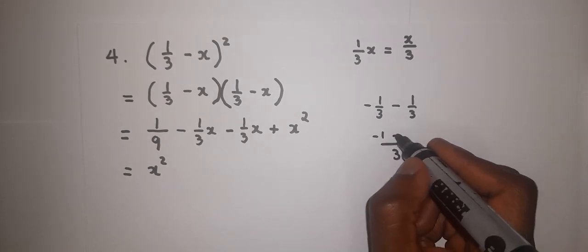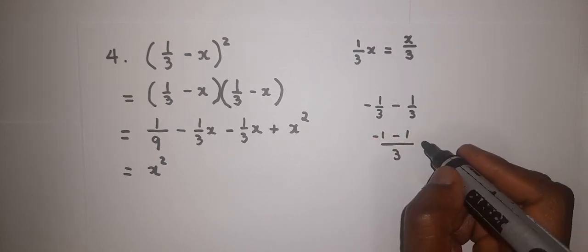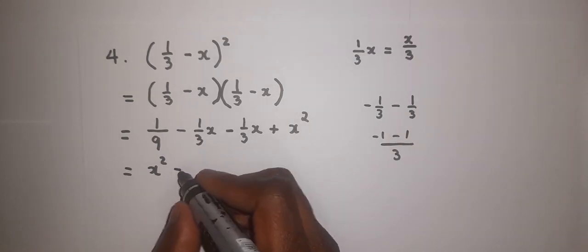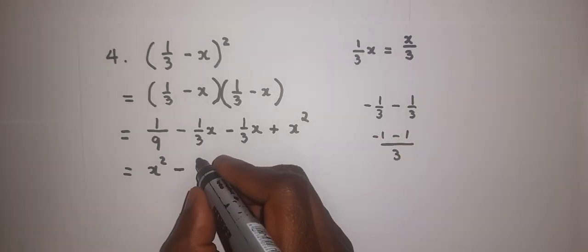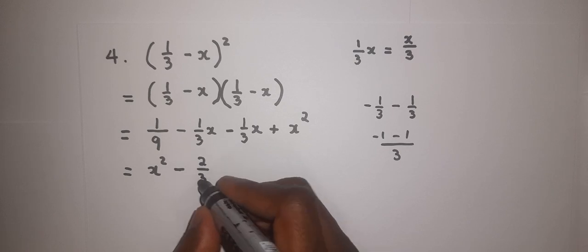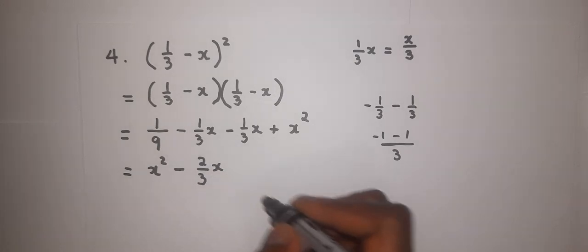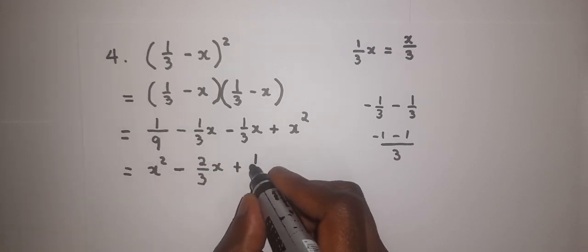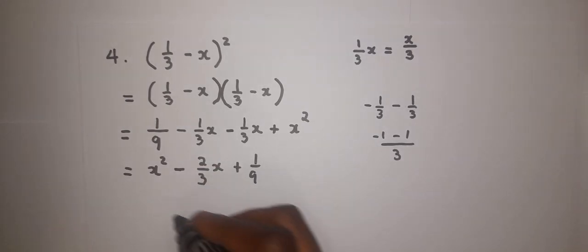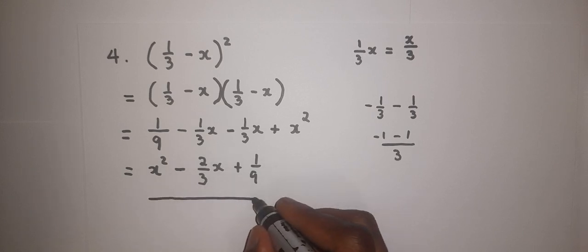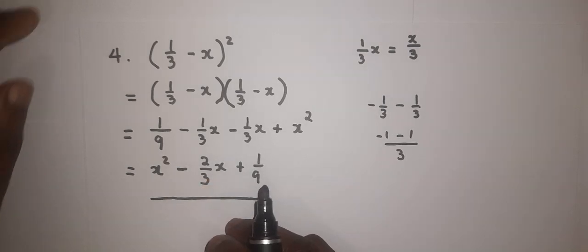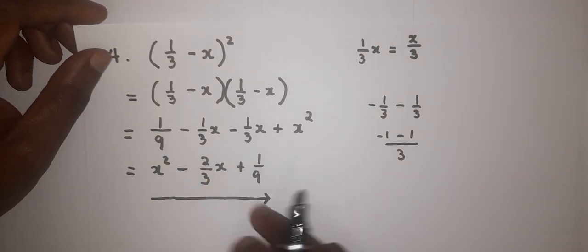So you'll have -1 and another -1. Two integers with the same sign, you keep the same sign and then you add. So 1 + 1 is a 2. Divide by the same denominator, which is common, and then an x. And then lastly, we bring down this positive 1/9. Then a third minus x all squared simplifies to x squared minus 2x divided by 3 plus 1 divided by 9.